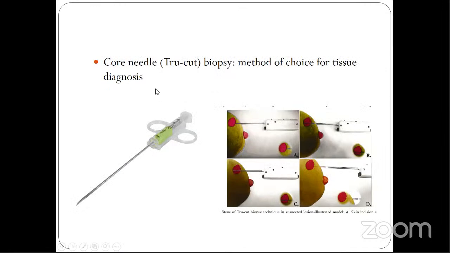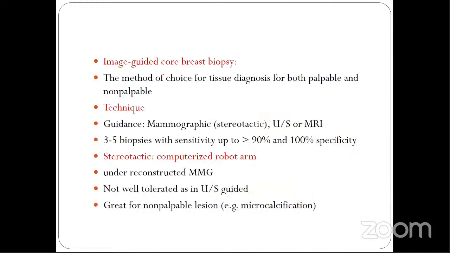Then we have TrueCut, the TrueCut or core needle biopsy. As we can see, the needle is introduced to the mass, and you can take the biopsy. Okay, and it is the method of choice for tissue diagnosis. Take a tissue, so it's the method of choice.